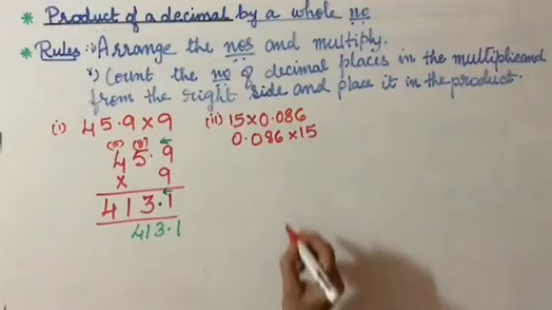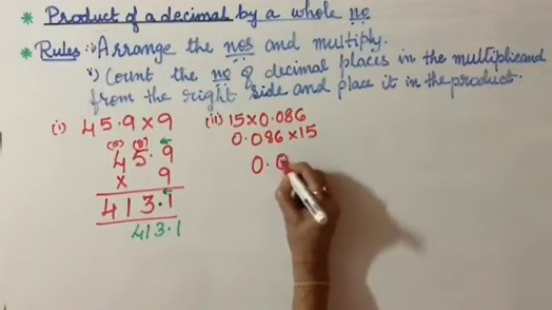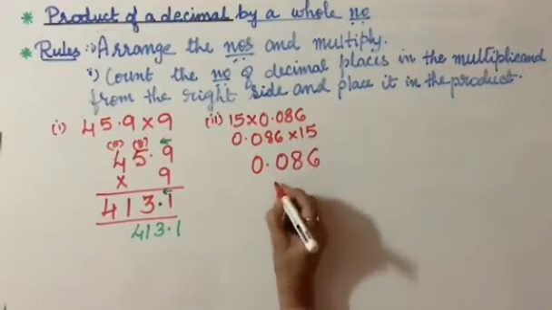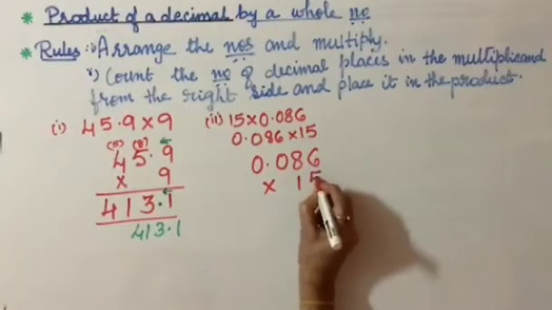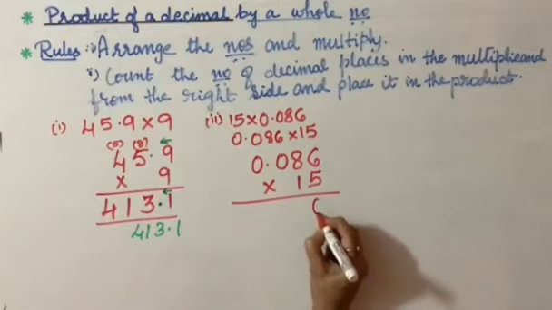Okay, now let's see how to multiply. 0.086 into 15. Children, all of you are familiar with the 15 table, I hope. So please multiply and tell me the answer. 15 6s are 90, is it not?